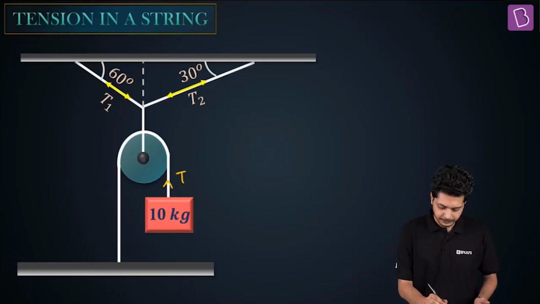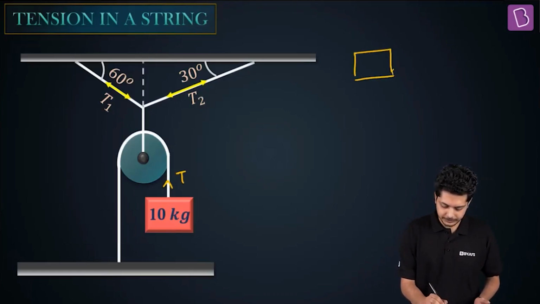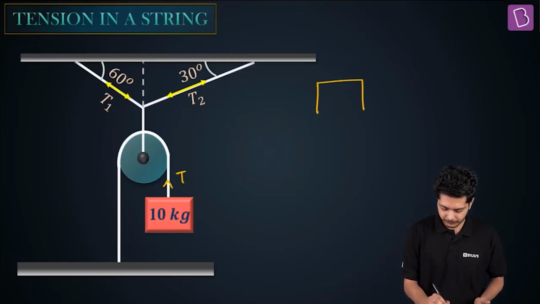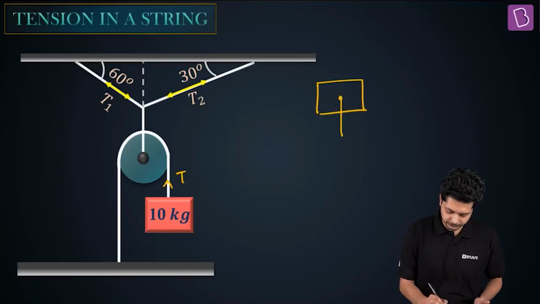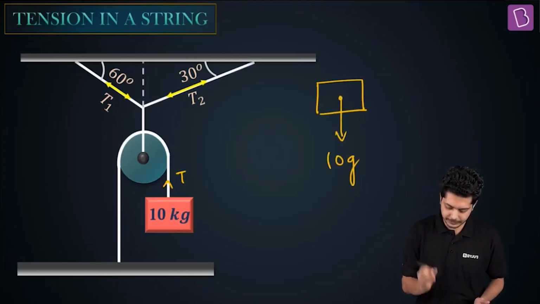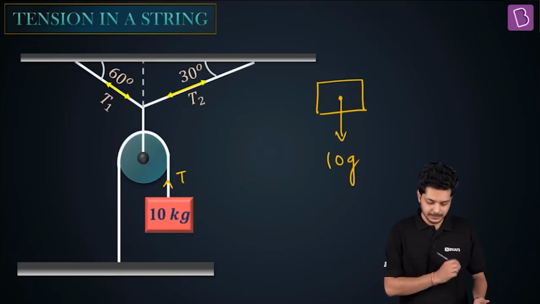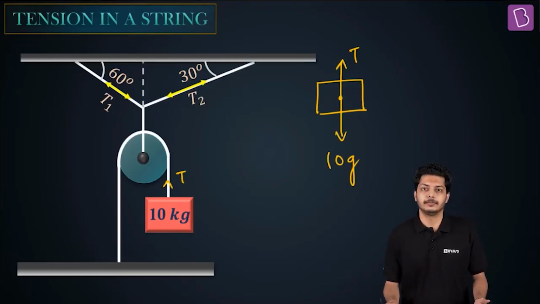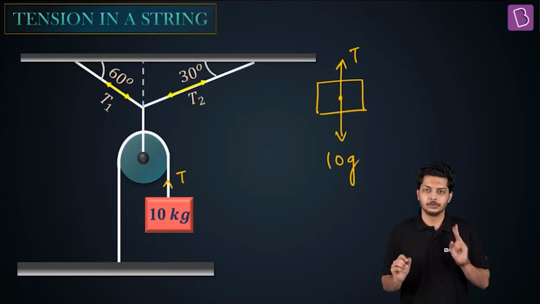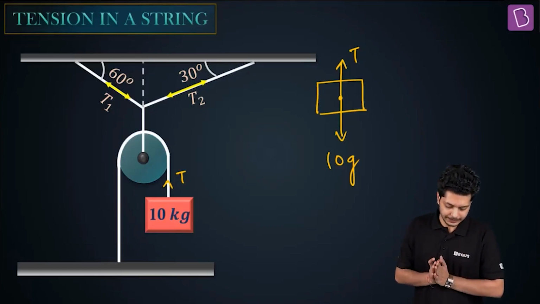Okay. So, first of all, we are drawing the free body diagram of the 10 kg block. There is a gravitational force to start with, which is 10 g. The rope is applying a tension T on the block. That's it. Two forces on the block of 10 kg.